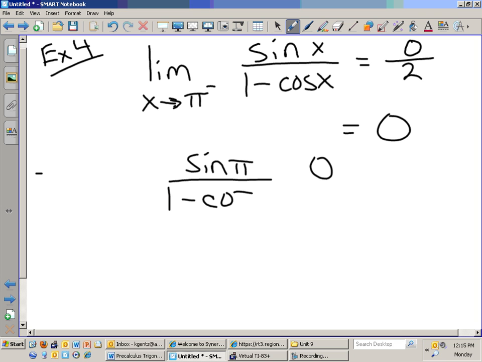Cosine of pi is -1. So you get 1 minus -1 or 0 over 2, which is exactly what I showed you from the graph. So we can just plug in pi into the scenario and evaluate it. So sometimes you could plug in the values and you're going to get 0 over 0 or infinity over infinity. In this case, you just get 0 over 2 and you're done. One more example.